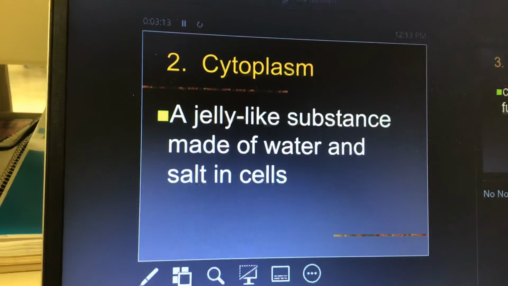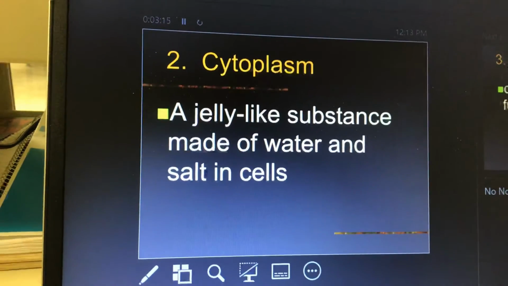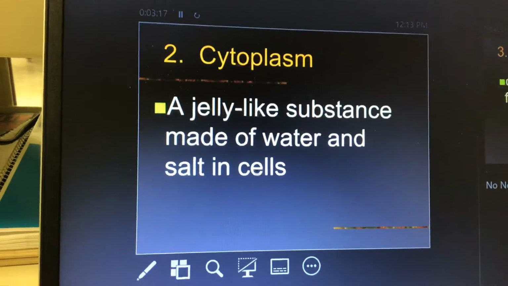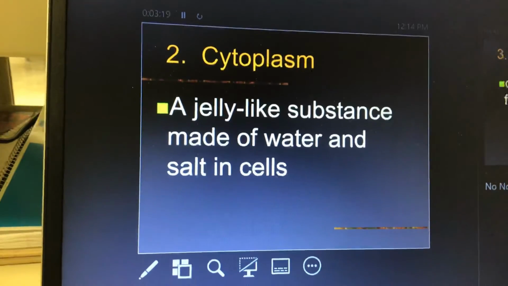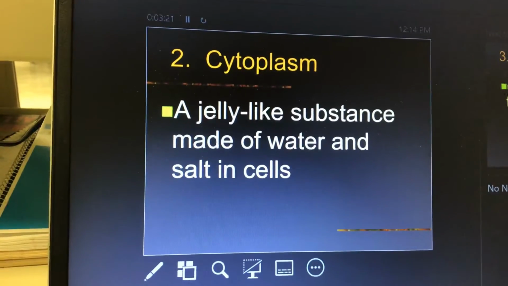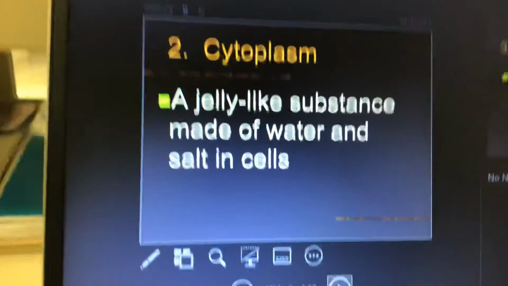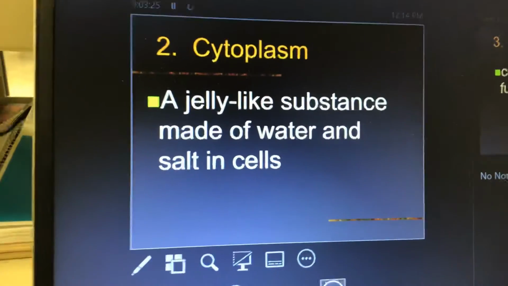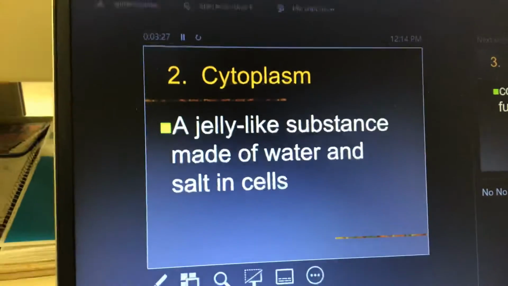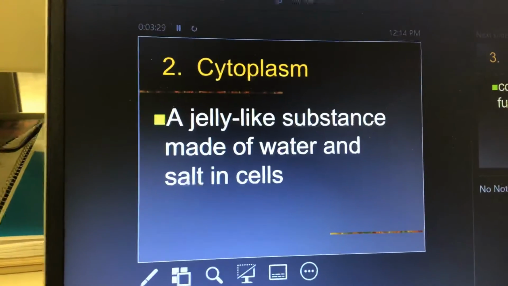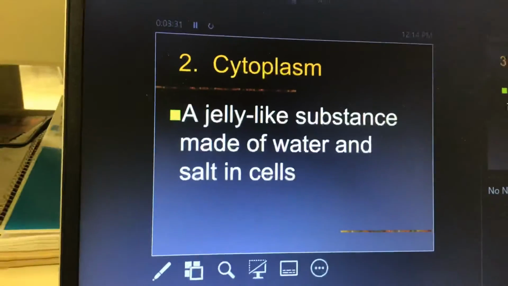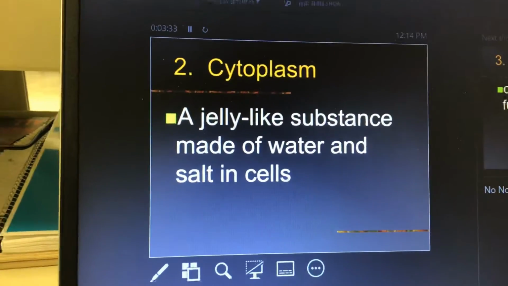This is kind of the stuff that fits in between everything else, kind of the filler. And remember, living things are made up of about 70% water, so this contributes to it as well. So watery, salty substance within the cell.